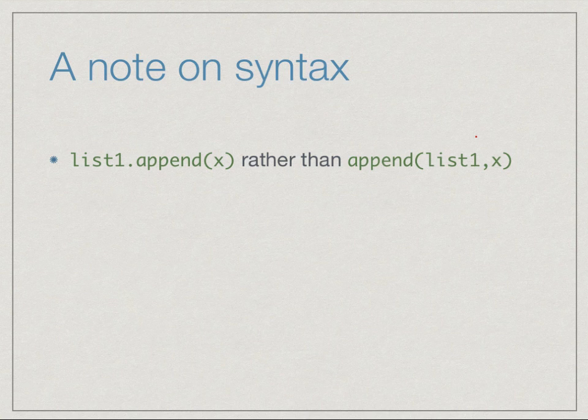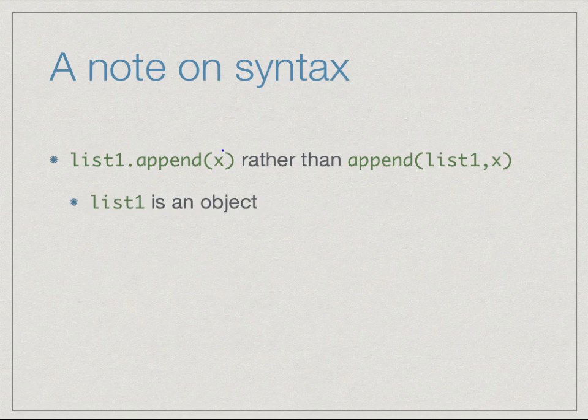So the append function looks a little bit different from the other functions we have seen so far. We would normally expect a function append to take 2 arguments, the list and the value to be appended. So we would think that the natural way to write append would be to say append to list1 the value x. On the other hand, what we have is this funny notation which says to list1 apply the function append with value x.